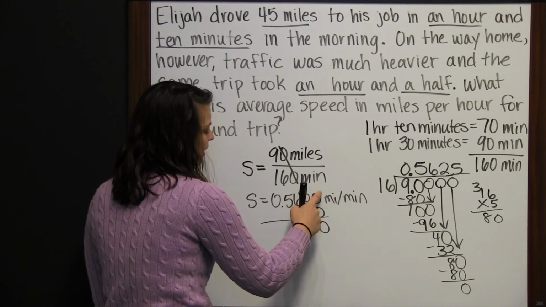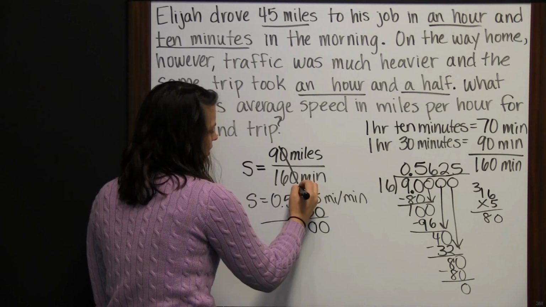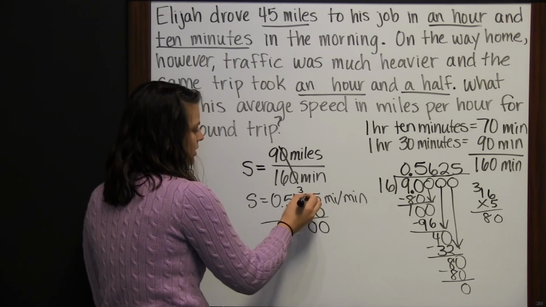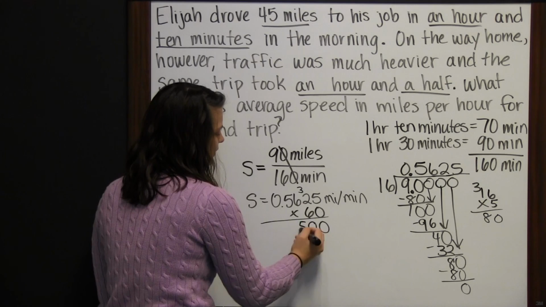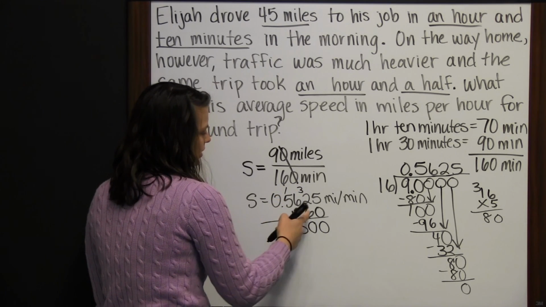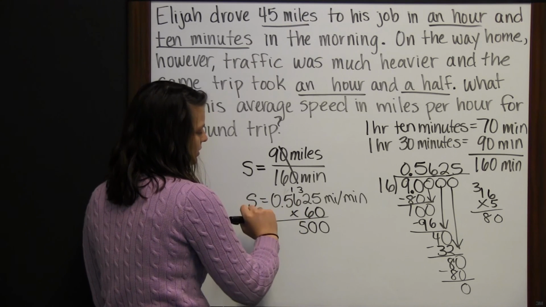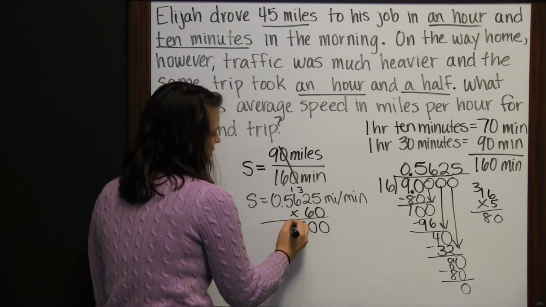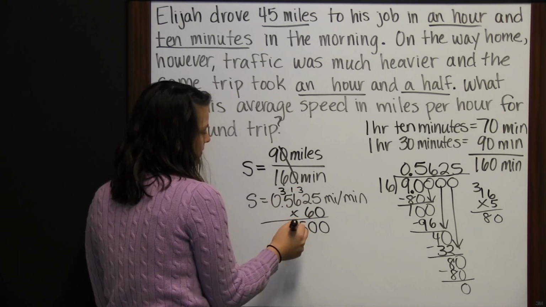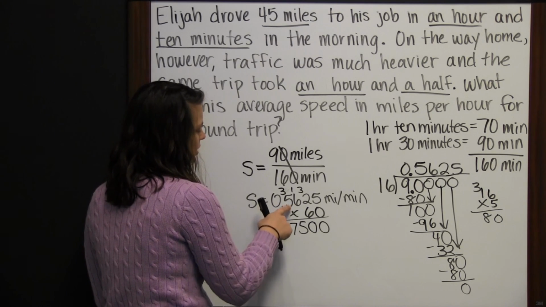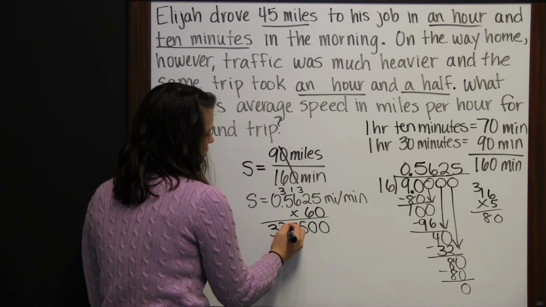6 times 5 is 30, so that's 0, carry the 3. 6 times 2 is 12, plus 3 is 15. 6 times, I put that in the wrong place, oops. 6 times 6 is 36, plus 1 is 37, carry the 3. 6 times 5 is 30, plus 3 is 33.